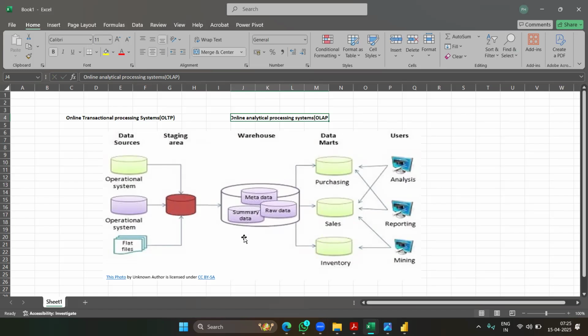Now, once we have created a data warehouse, we can create data marts. Data marts are also data warehouses, but they are a kind of subset. Say I have created a data warehouse at the organization level, centrally. Now we can go to the purchasing department, which doesn't really need to access the entire organization data, right? Even we have a restriction that a particular department is supposed to have data visibility only to some level.